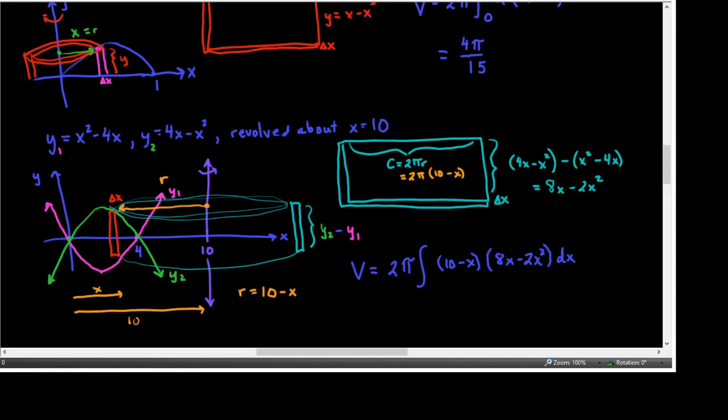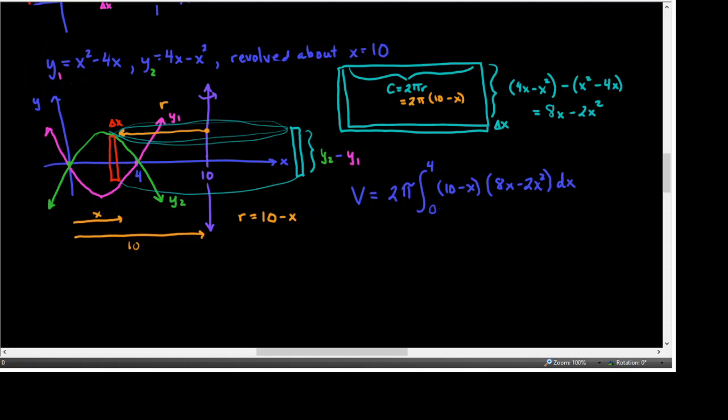And looking at the original region that we revolved around the line x equals 10, what are the lower and upper bounds of the x values used for the original region? And that's 0 to 4. Okay, so this is another good one for you to try to do all by yourself.